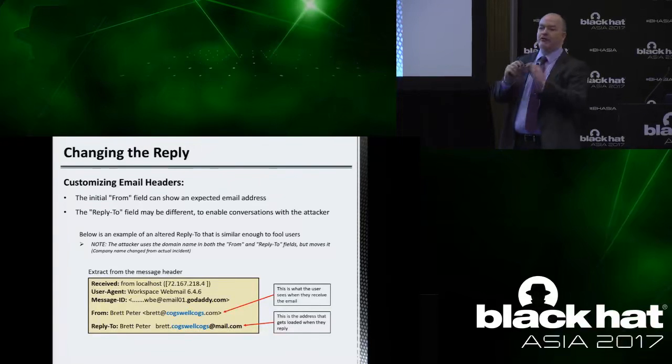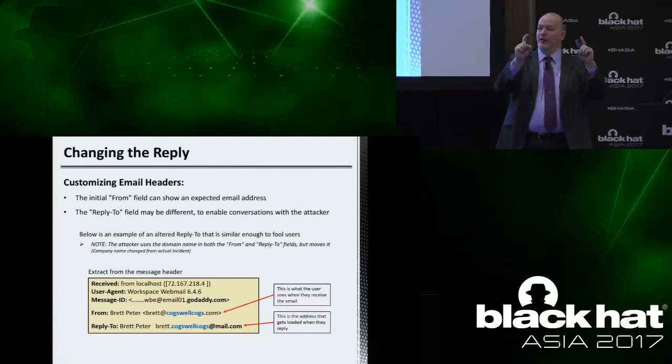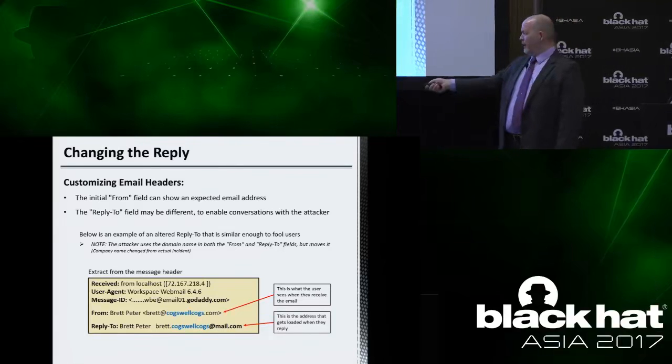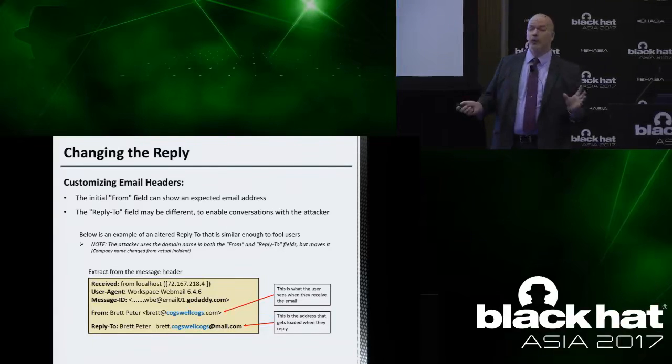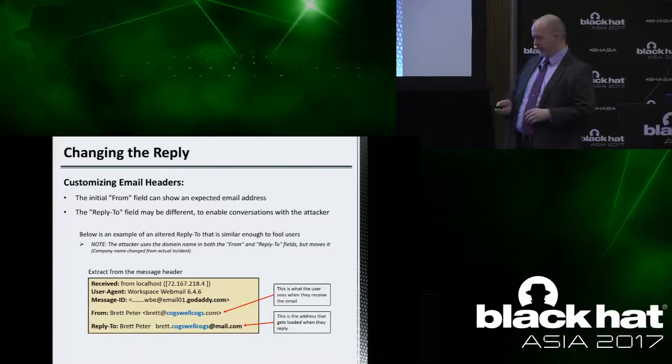It may legitimately have your CEO's email address in the from field that the user sees. And then as soon as they click reply, the reply to will go to a different place, because the reply to header overrules the from header. If those values are different, it'll go to the reply to address.